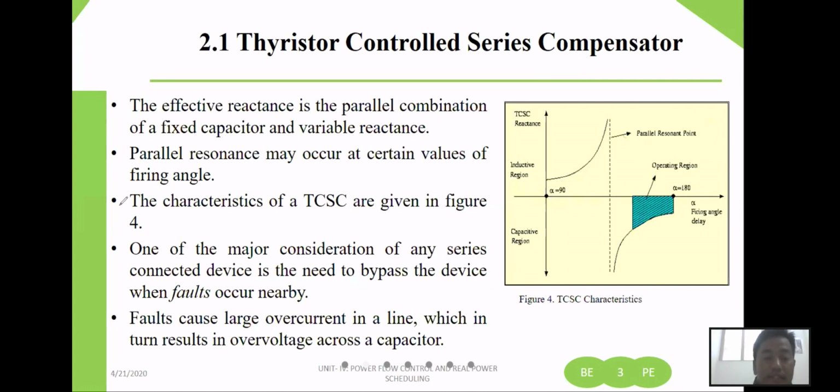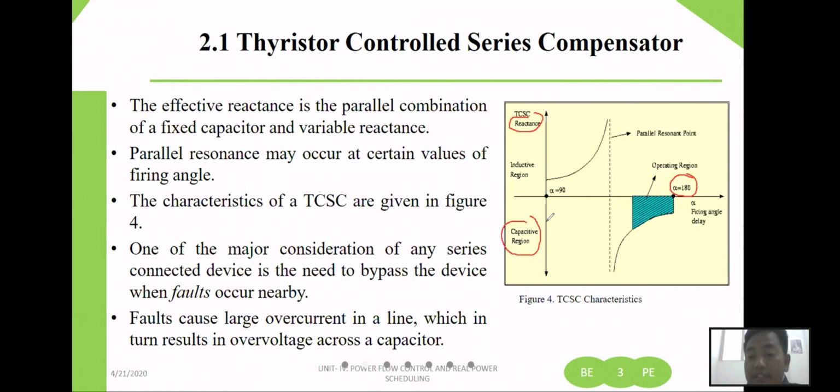So that's why the characteristic of TCSC is shown here. You have started with a certain angle, let's say alpha equal to 80 degrees. The x-axis is the firing angle. The y-axis is the TCSC characteristic, the reactance, with the inductive region and the capacitive region.